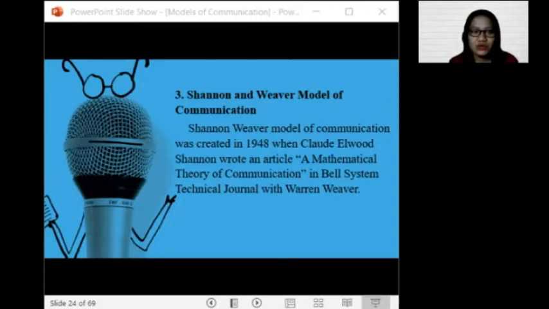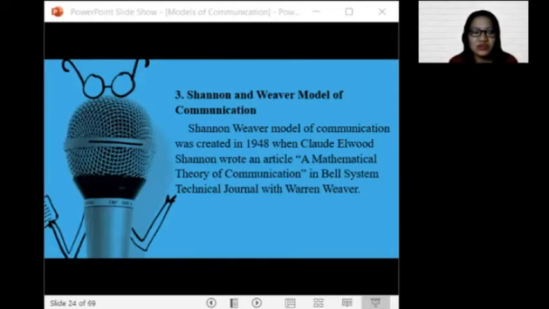The purpose why Shannon and Weaver created this model was to identify and analyze the communication situation in telephone communication. This model is also known as the telephone model, for it is based on the experience of using the telephone back in the 1940s, wherein the message was hindered by noise.